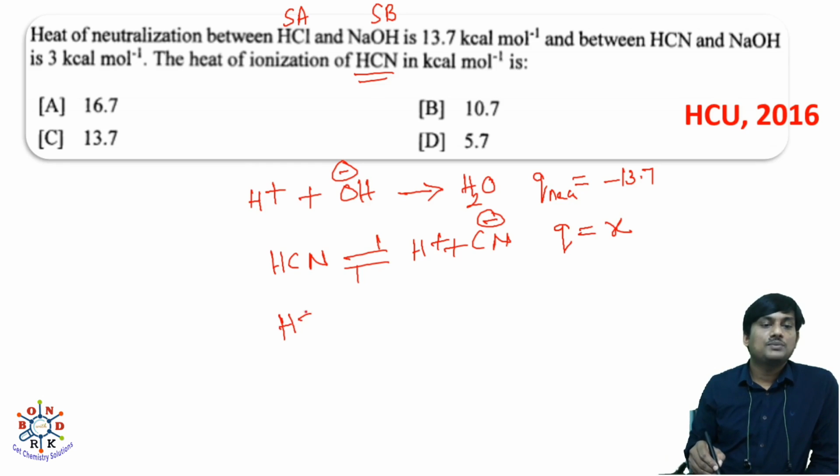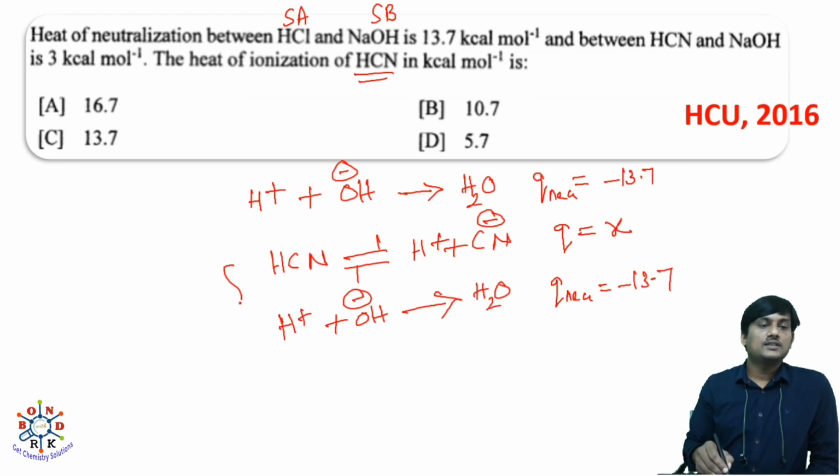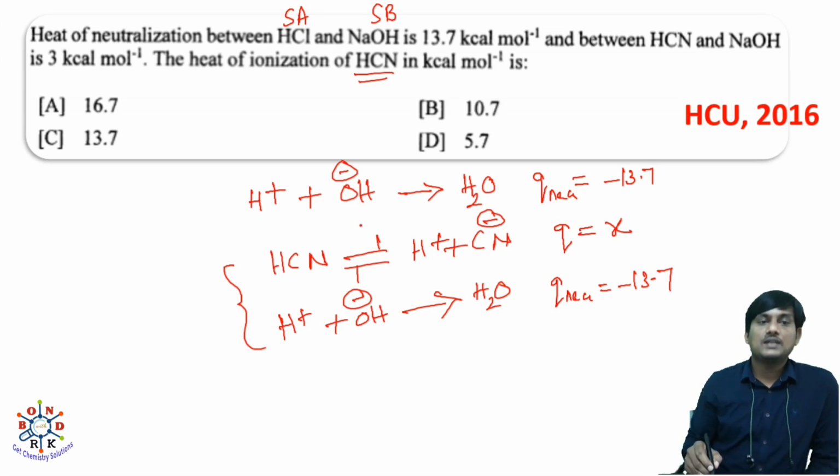The second step is H plus from HCN and OH minus from NaOH, there is a neutralization giving H2O. So the second step, Q neutralization is equal to minus 13.7. Okay, these are the two steps which are involved in the neutralization of HCN with sodium hydroxide.